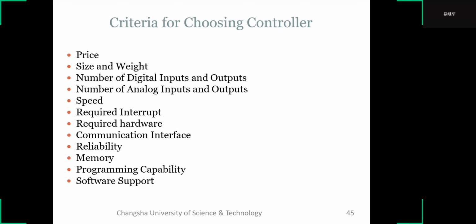The criteria for choosing a controller: price, size, and weight.